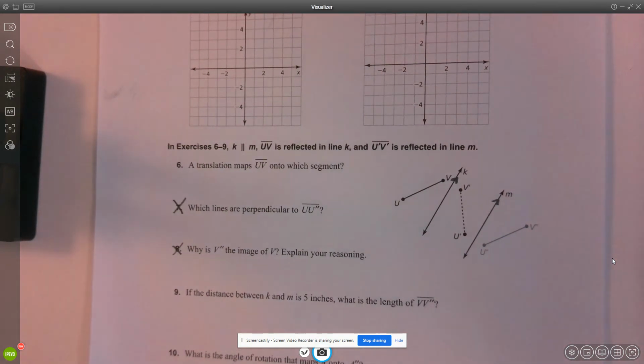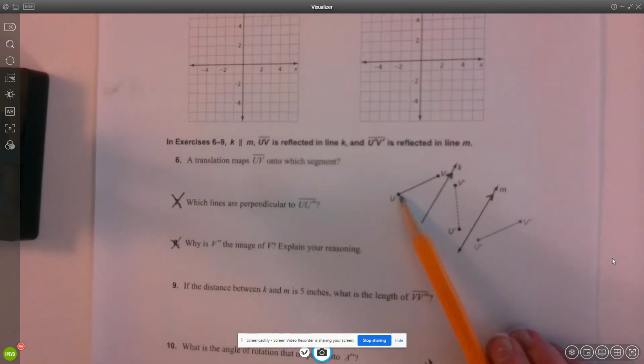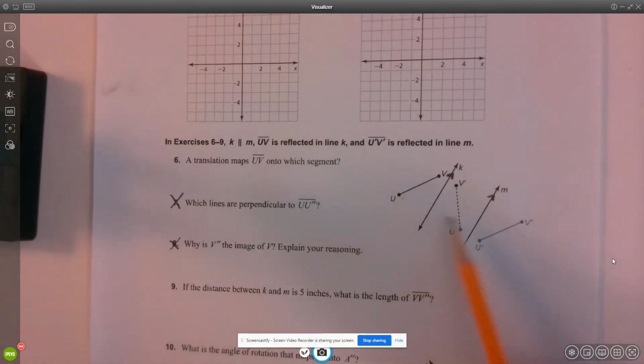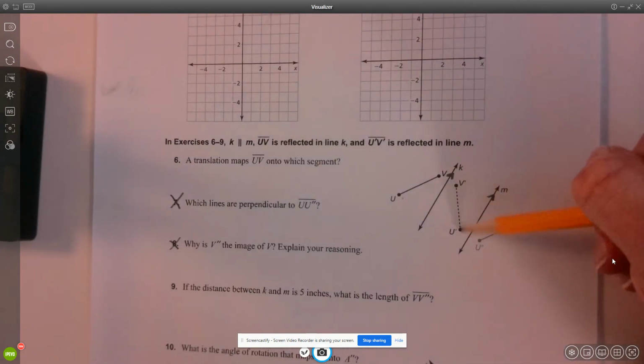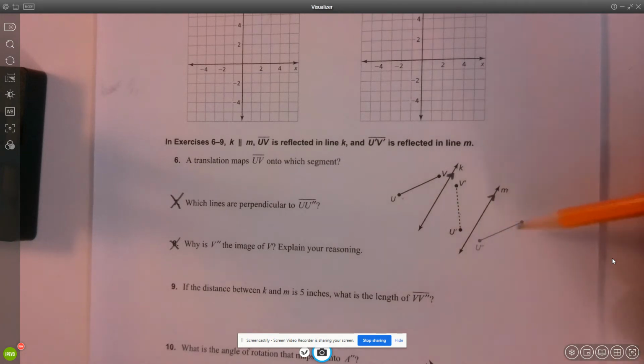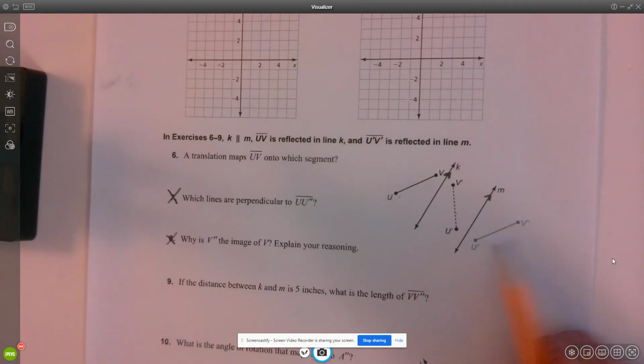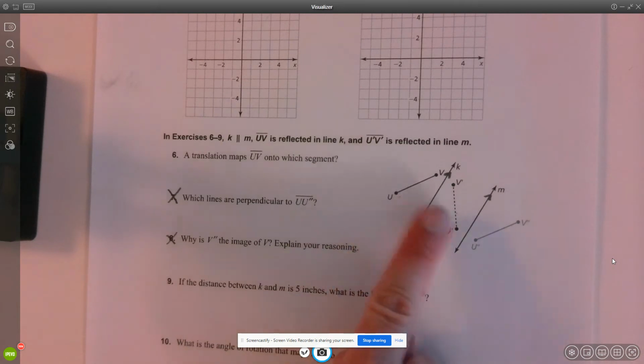So what's happening is line segment UV is reflected across line K to get line segment U prime V prime, and then this new figure is reflected over the second parallel line, line M, to get line segment U double prime V double prime. So we've done two reflections.